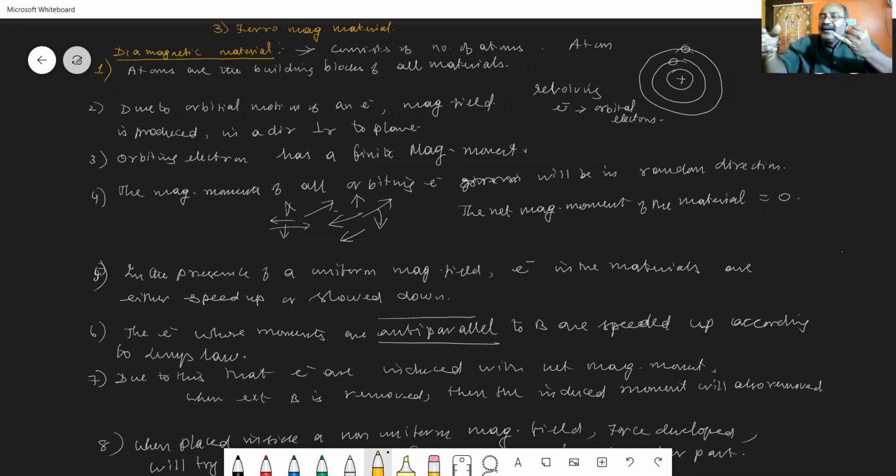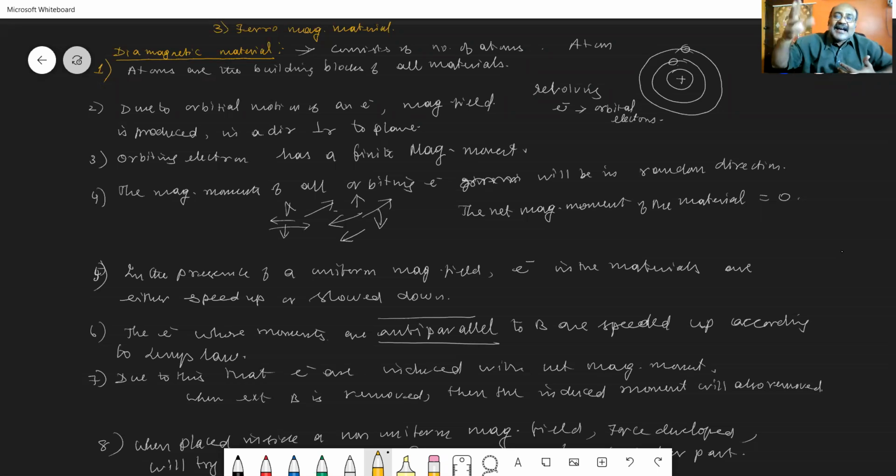But at the same time, if the diamagnetic materials are placed inside a non-uniform magnetic field, in addition to the induced magnetism due to speeding up or slowdown of the electrons, a force will also be experienced on them, because of which that diamagnetic material will move from the stronger part to the weaker part. When you remove that external magnetism, the induced magnetism will also become 0. Then there won't be any movement.